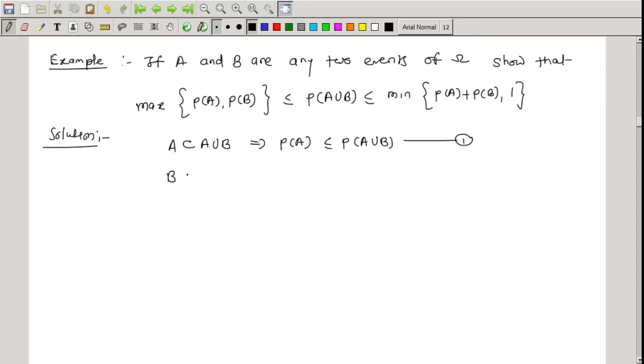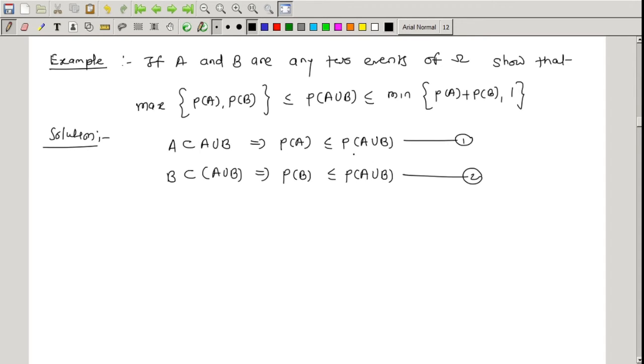Then we know B is also a subset of A union B. So this implies probability of B is always less than or equal to probability of A union B. Equation number 2.